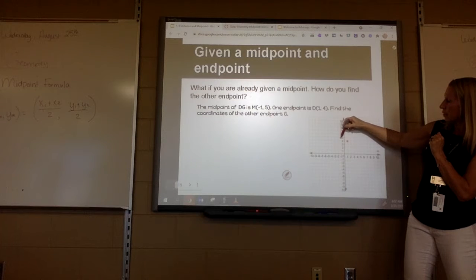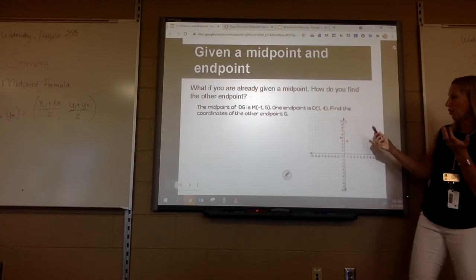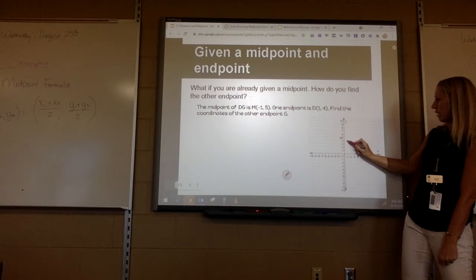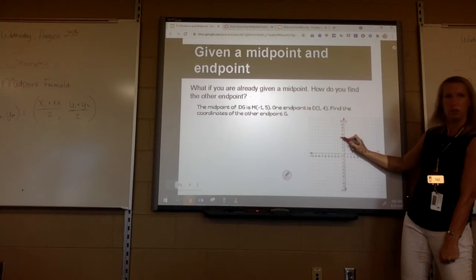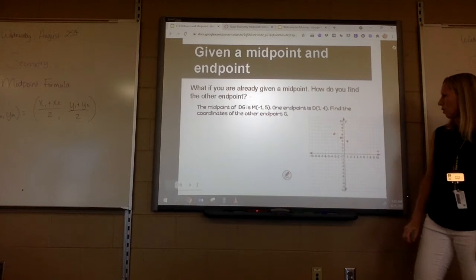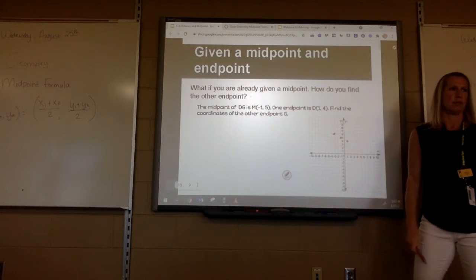So if this point's in the middle, do you agree that the other endpoint would be over here somewhere? So you could do it by graphing if you want. I could count, okay, well I would have to rise 1 and go to the left 2. My new location would be at negative 3, comma 6.